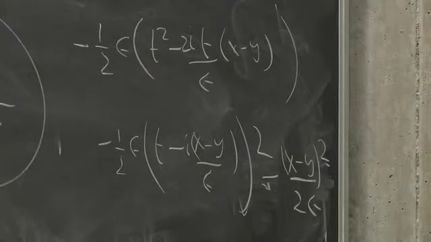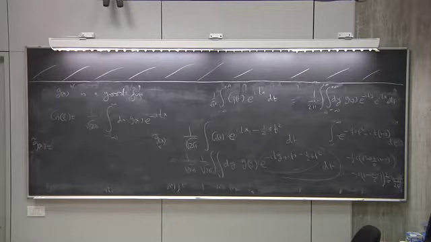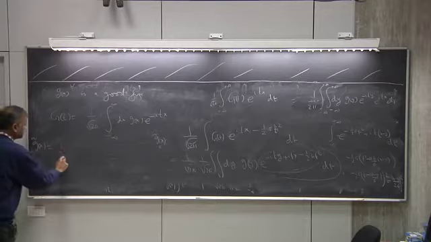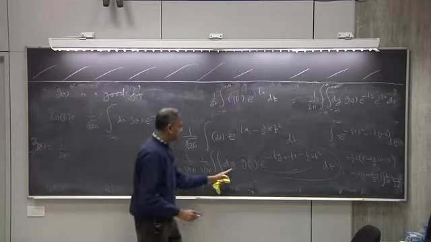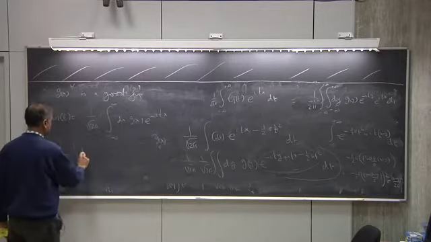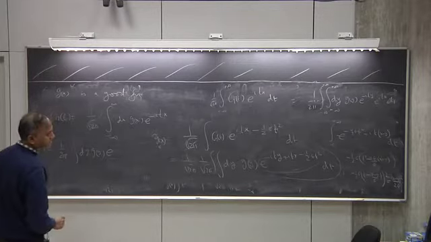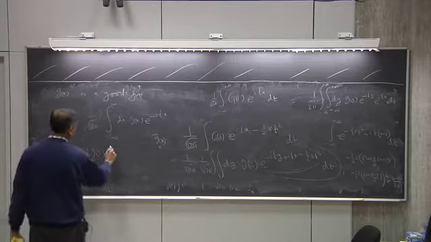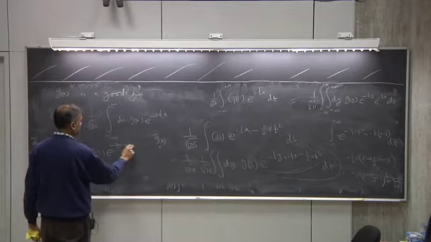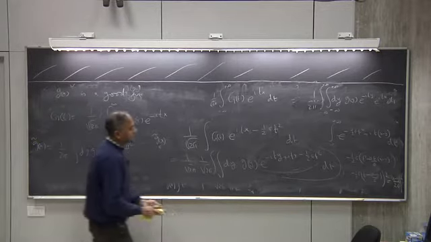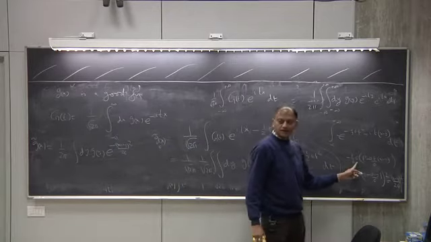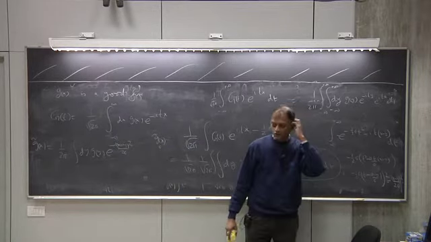So the result of all that I can just write down now. g tilde of x simply becomes 1 over 2 pi from here. Then I still have the dy gy integral, and then e to the power of minus x minus y square over 2 epsilon, and then the integral of that gives me, do any of you remember what it is?